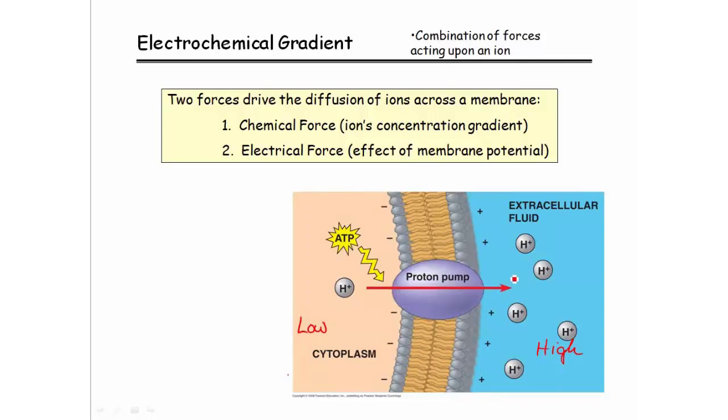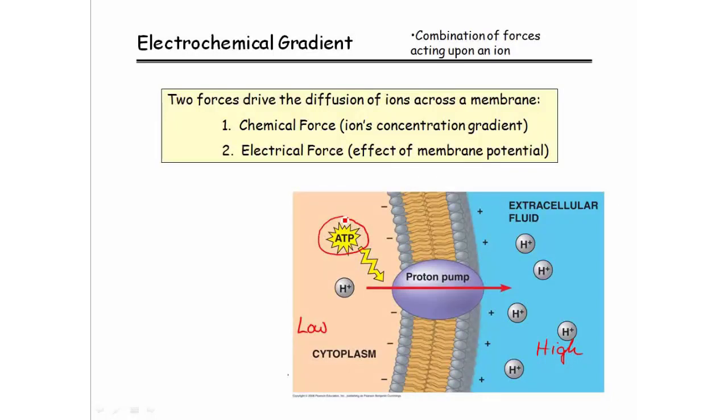This is going to be moving it from a low concentration to a high concentration, which is why we've got to have the involvement of the ATP up here. So we're not going to be able to move that from a low to a high concentration without actually using some ATP. When we do that, we will go from having one hydrogen inside to 5 hydrogens outside.